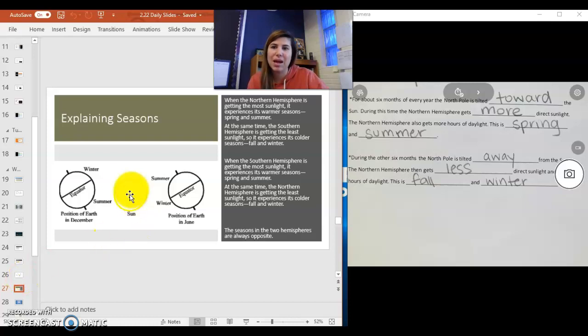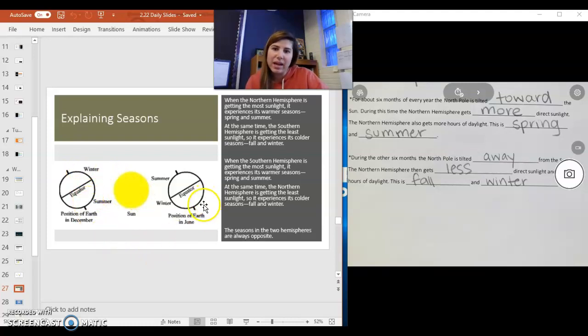So thinking about all at the same time, here in the northern hemisphere you might be experiencing winter, but if you live in the southern hemisphere at the same time you're experiencing summer, because the tilt of the Earth makes it so that the southern hemisphere in this picture is getting the most direct sunlight, whereas up here in the northern hemisphere they're experiencing winter because the sunlight that they're receiving is less direct, meaning it's not quite as intense.